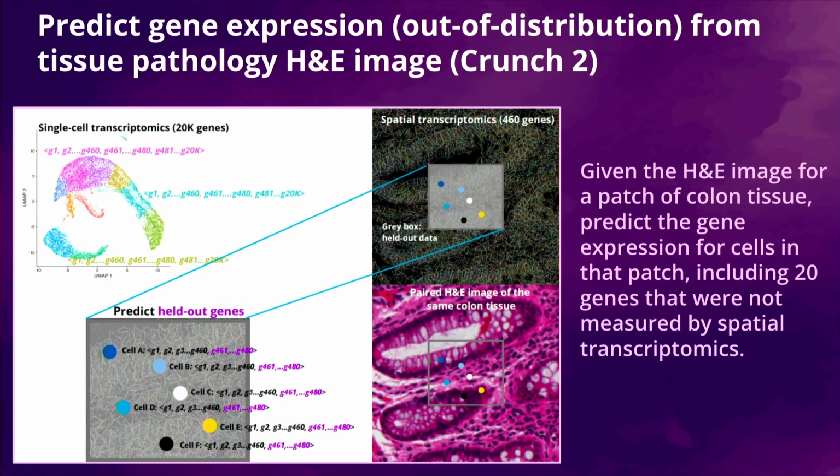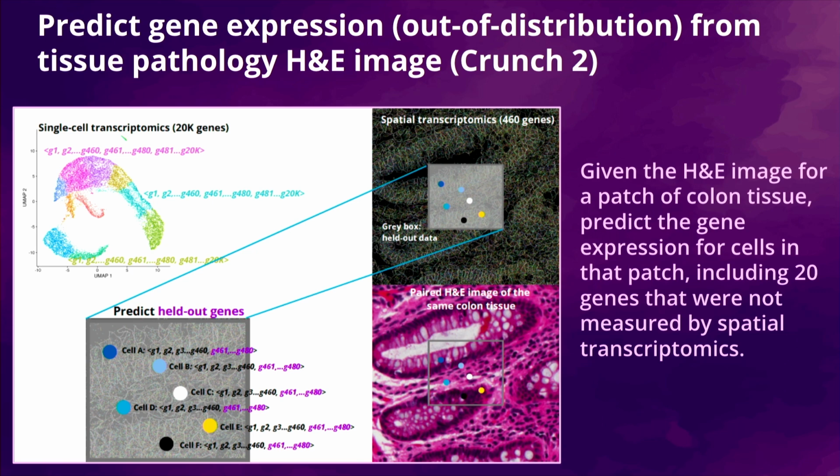So the structure of this is pretty similar to Crunch 1 in that we are going to provide you with paired data, and we're providing you with the H&E image and the spatial transcriptomics data for 460 genes. And we are going to hold out tissue patches, and from the H&E image, we're going to ask you to predict the held out spatial transcriptomics data, but in addition, 20 genes that were never measured by spatial transcriptomics.